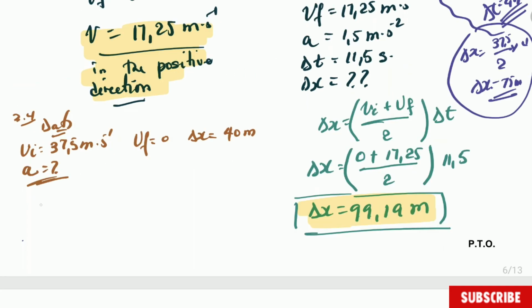Okay, so we write in the formula now. Final velocity squared is equal to initial velocity squared plus 2 multiplied by the acceleration multiplied by the displacement.